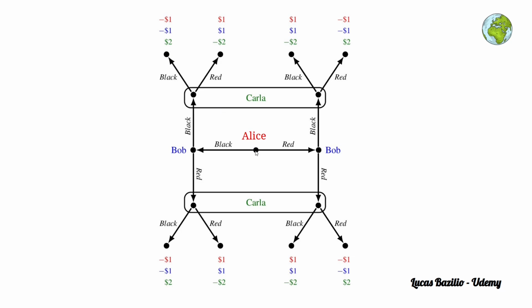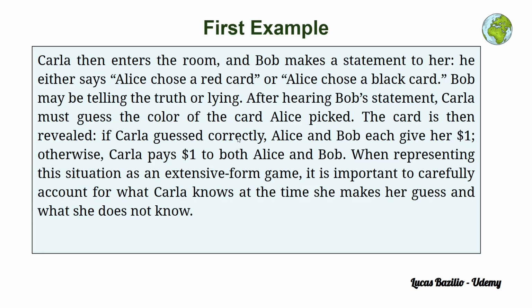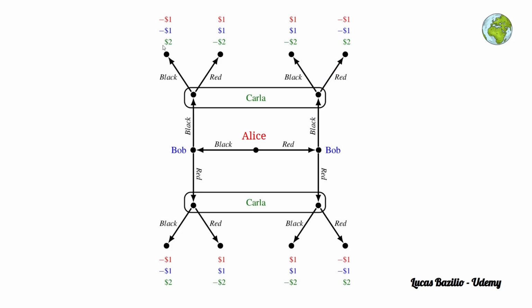We have that Alice chose a black card, Bob decides to tell Carla the truth, and then Carla guesses the color black. So notice that in this case, Carla guessed correctly, and thus Alice and Bob each must give her $1. So at the end, Carla is going to win $2.